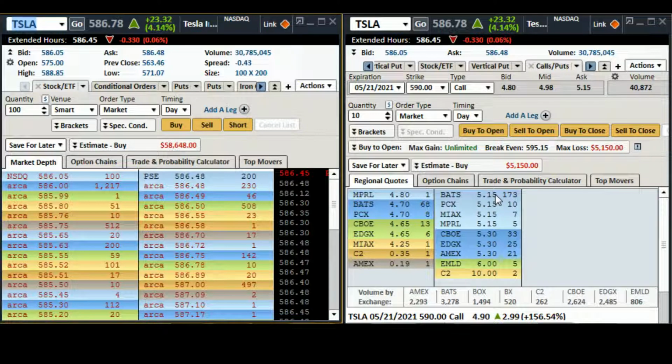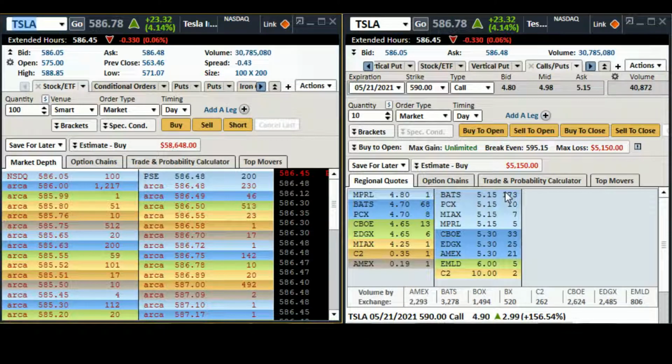So even though it says $4.80, it costs you $480 because each option contract is the equivalent of 100 shares. So when you see $5, you literally need $500 worth of cash in your account to buy that option. And if I were to buy 10 of them, that would cost me $5,000, 500 times 10.